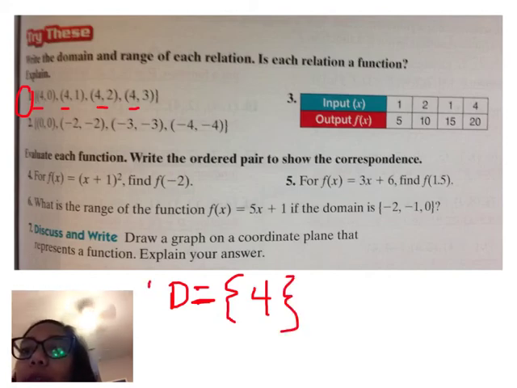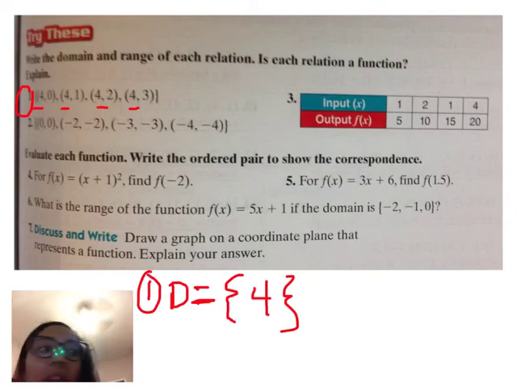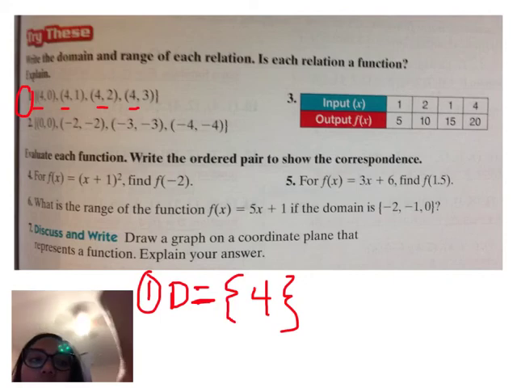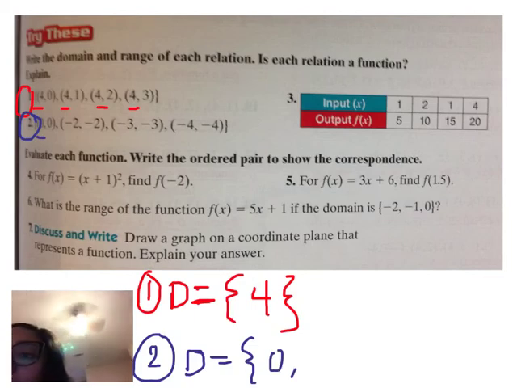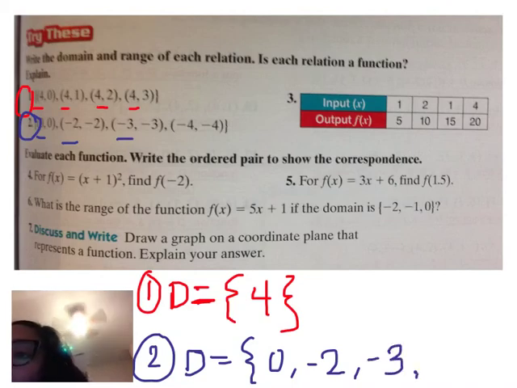So number 2, your domain would equal 0, -2, -3, and -4. I'm just doing my x values.